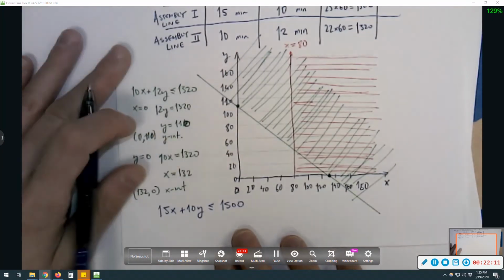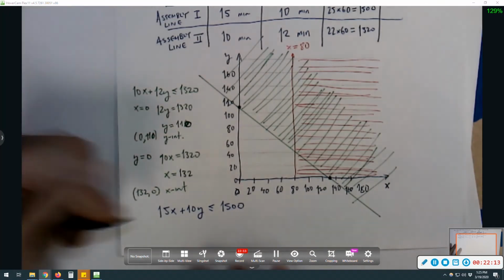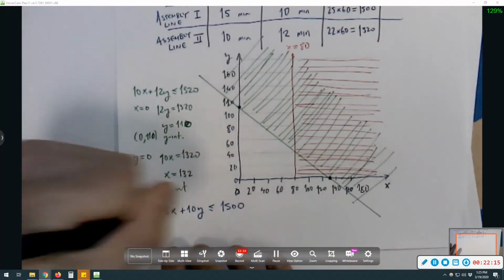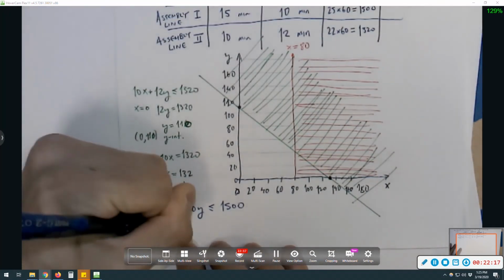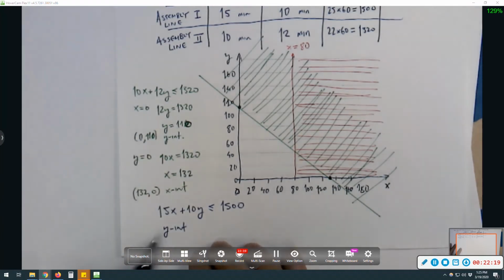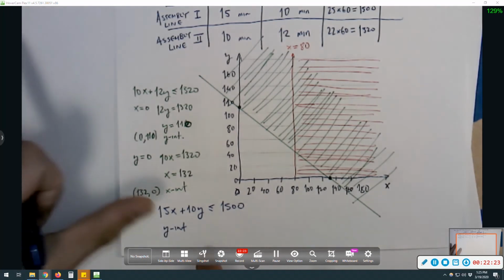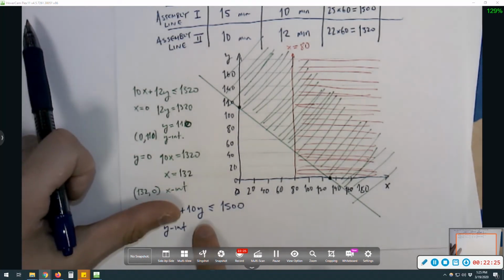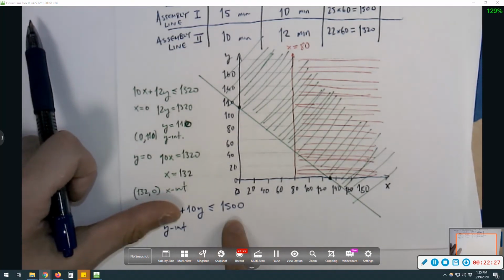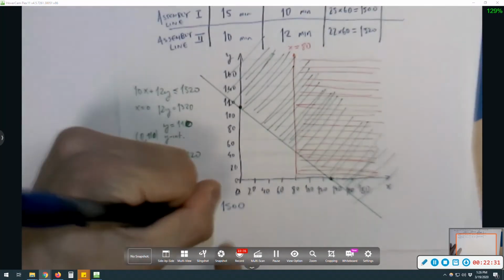I'm just going to quickly write down the x and y intercepts so we can get going. The y-intercept is not too hard to see. x equals 0, that's the y-intercept, so 10y equals 1500. You cancel out the 10, and the y-intercept is 150.